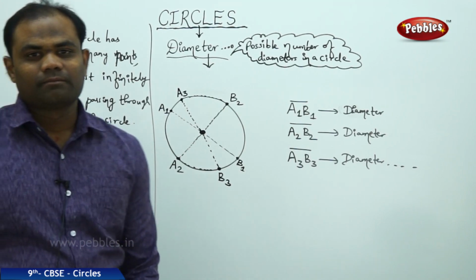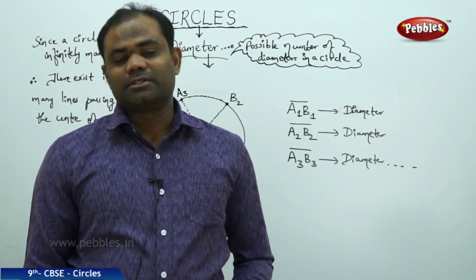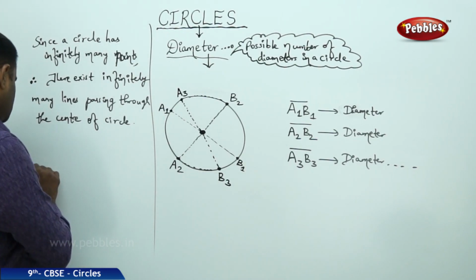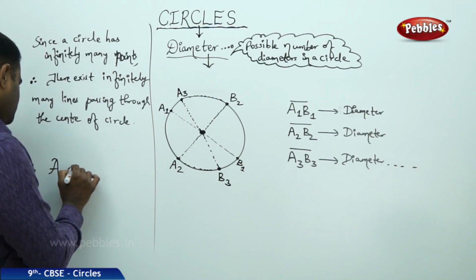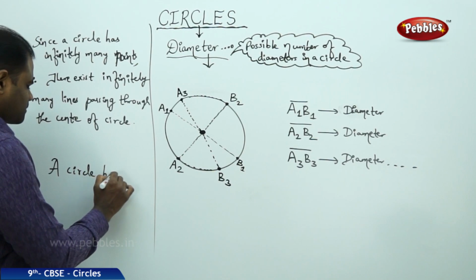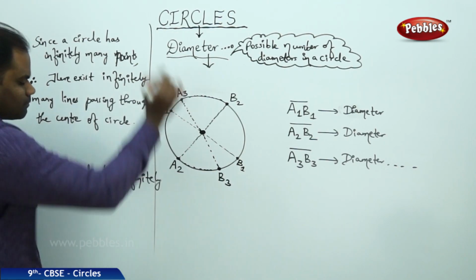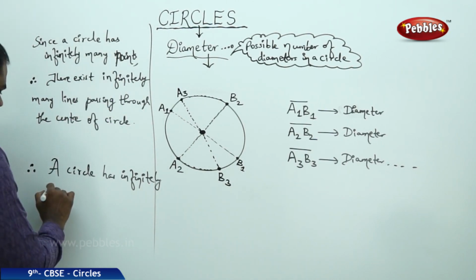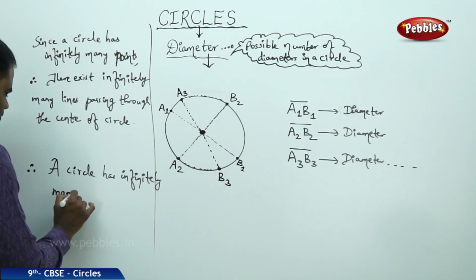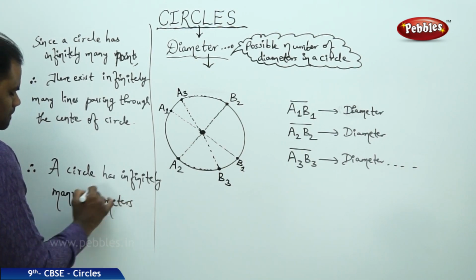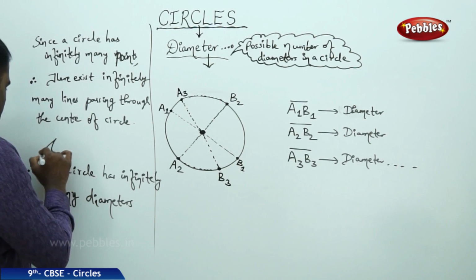Therefore, I conclude that since there are infinitely many lines which pass through the center of the circle, therefore a circle has infinitely many diameters.